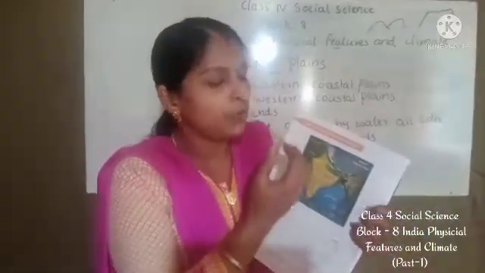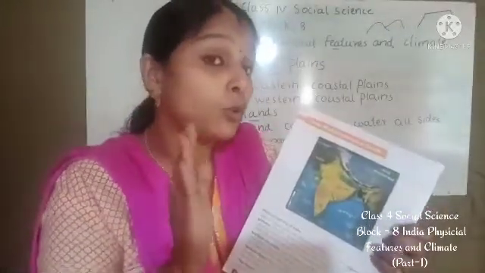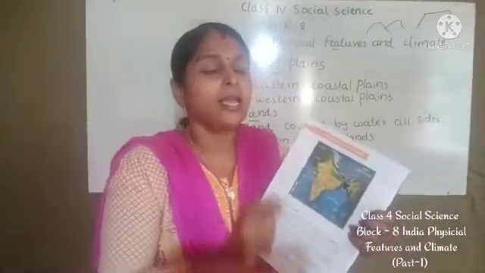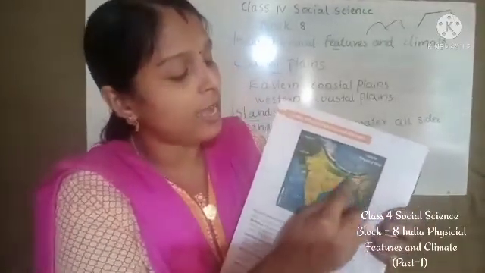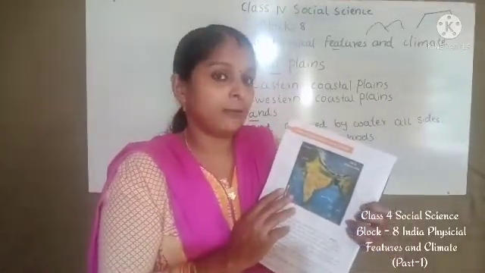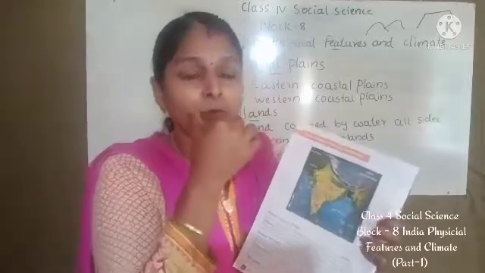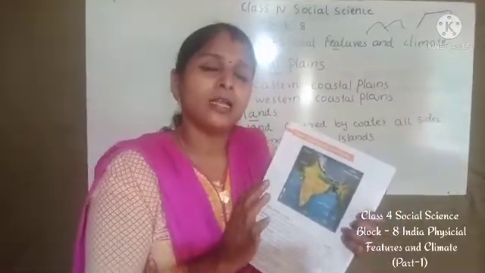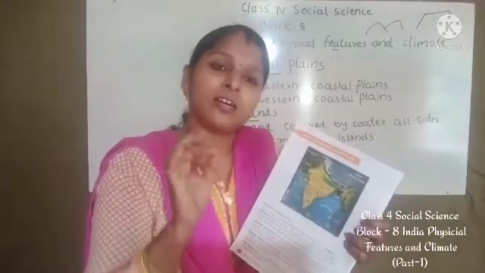Then south of the northern mountains are the northern plains. This flat and fertile land is called plains. Many rivers flow through these plains. They deposit sand and silt there, so this area is very fertile.